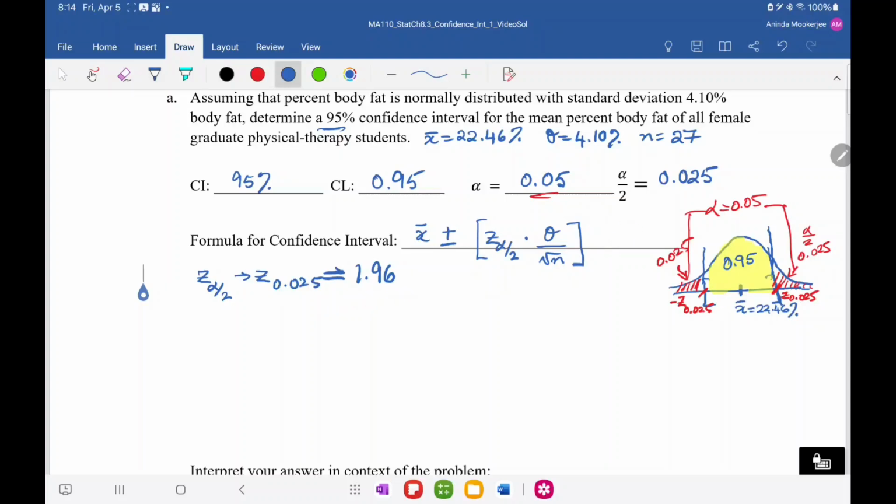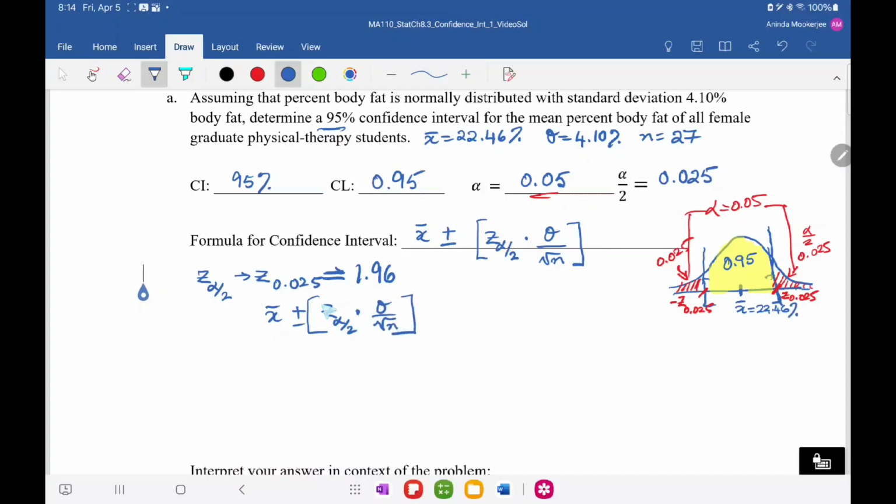So now we can just plug in the values into our confidence interval formula, which is X bar plus minus Z of alpha by 2 times sigma divided by square root of n.